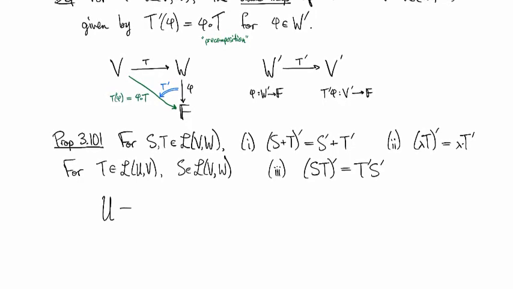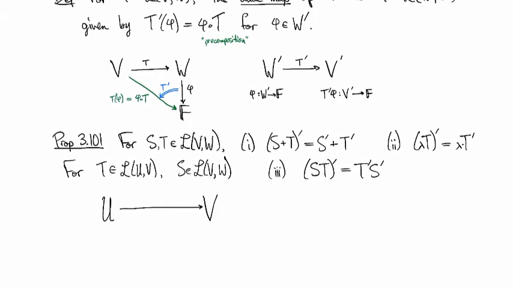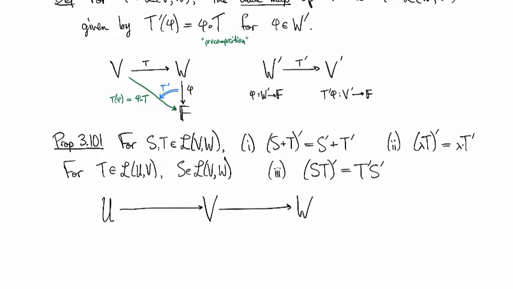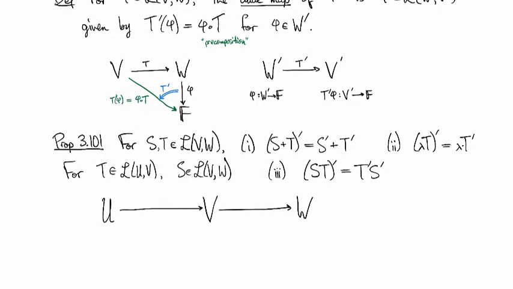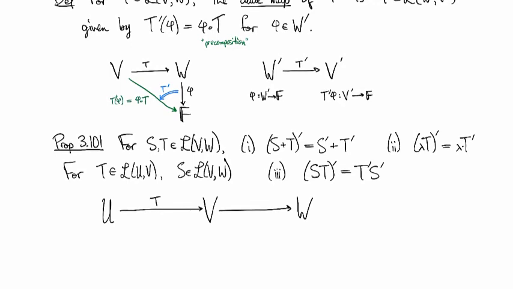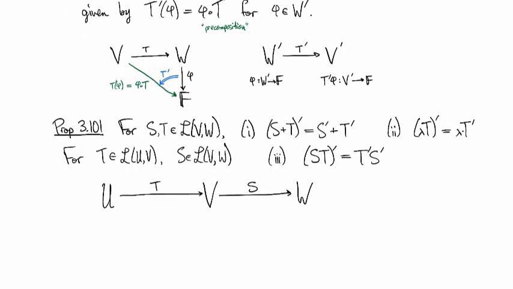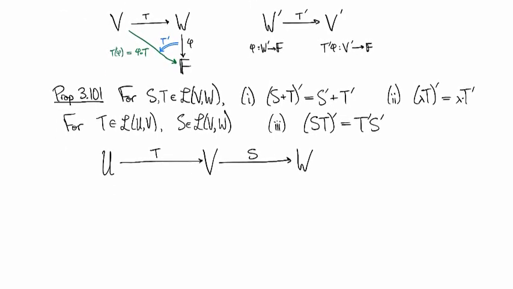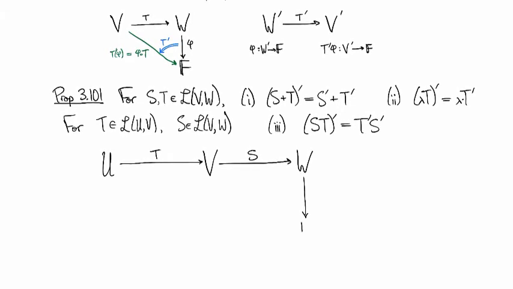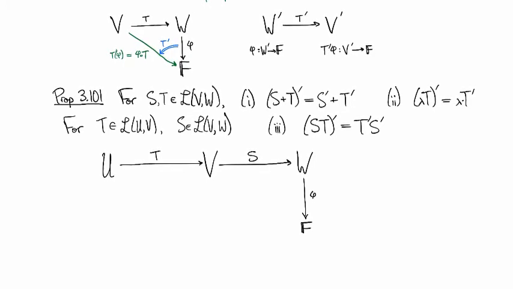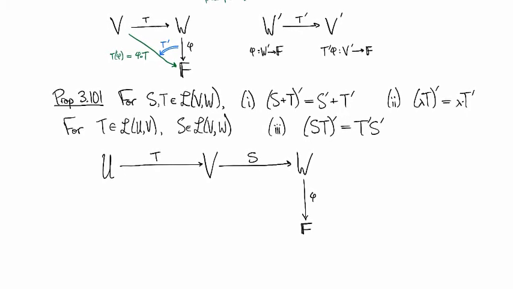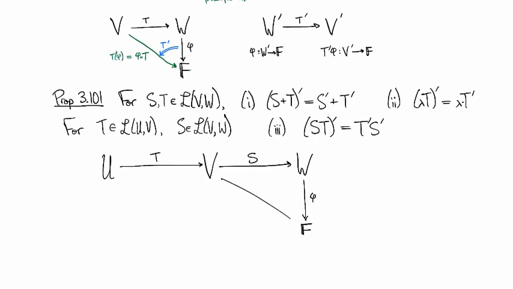But let's see. So if we go from U to V to W, and here we've got T doing the first one and then S doing the next one. Then let's see what's going on. So from W, we've got a map coming down to the scalar field. And so if we start with a phi over here, then we're going to have the composition over here.